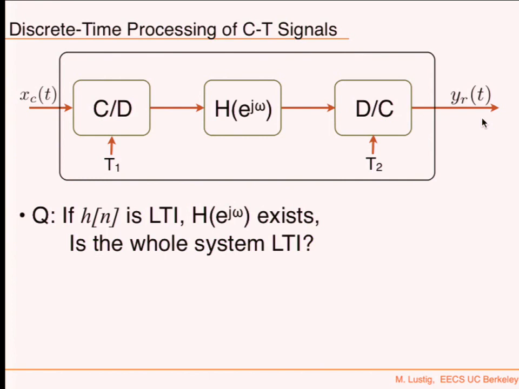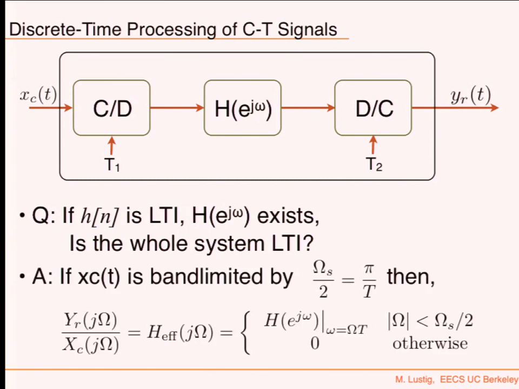So the answer is yes, if x_c is band limited by the sampling rate, then in that case, if we look at the effective frequency response of the system, so we take the output divided by the input, then the effective frequency response is H(e^{j\omega}), where omega equals capital Omega times T, within the frequency range where |\Omega| is less than \Omega_s over 2.